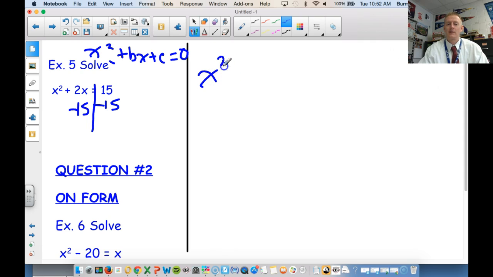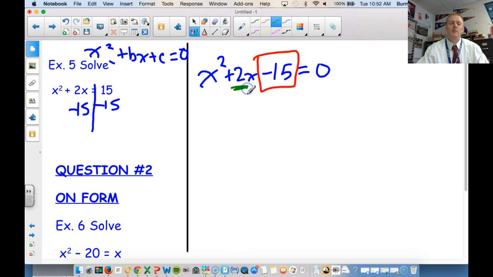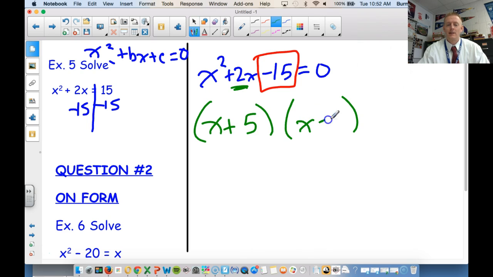So that becomes x squared plus 2x minus 15 equals 0. Now folks, this is the cool part. We're again looking for something that multiplies to make a negative 15 and adds to make a positive 2. So those numbers are a positive 5 and a negative 3.